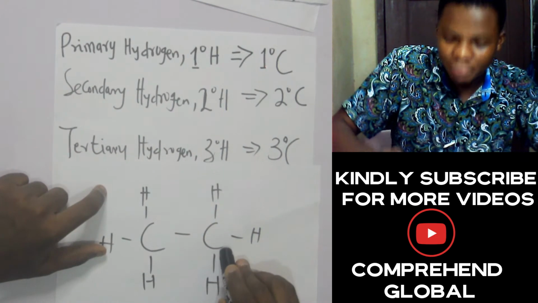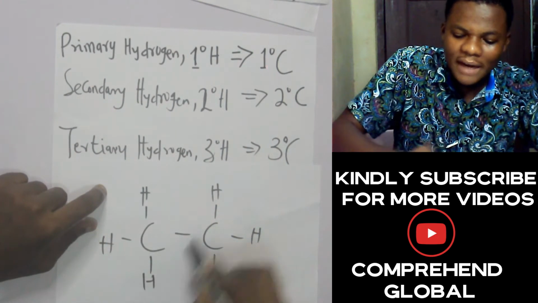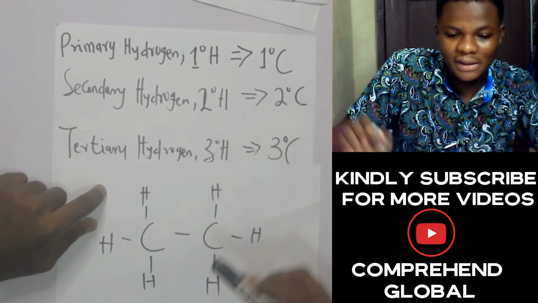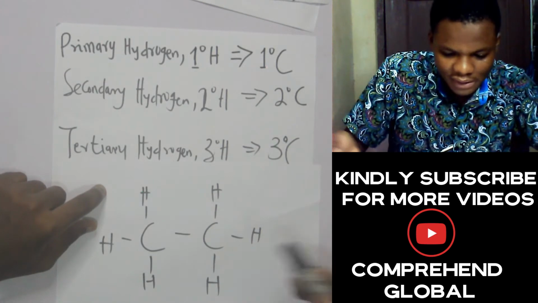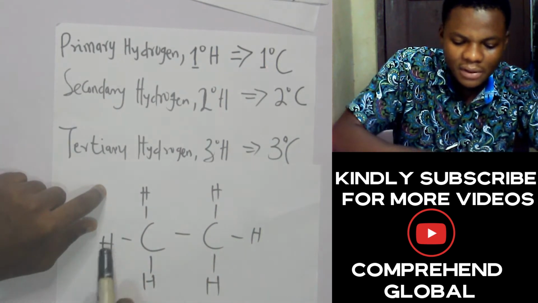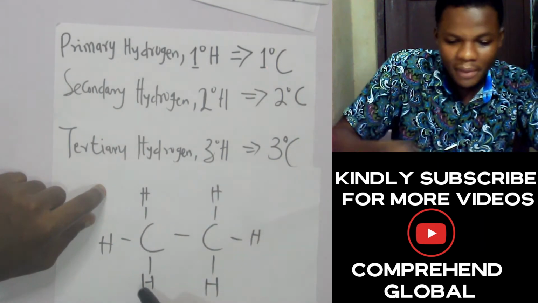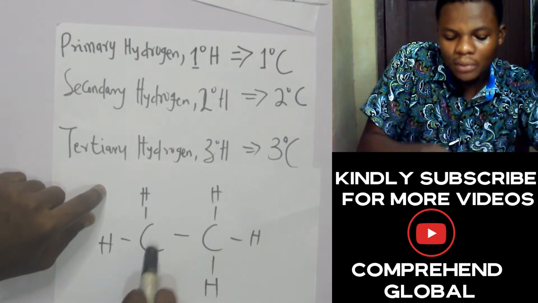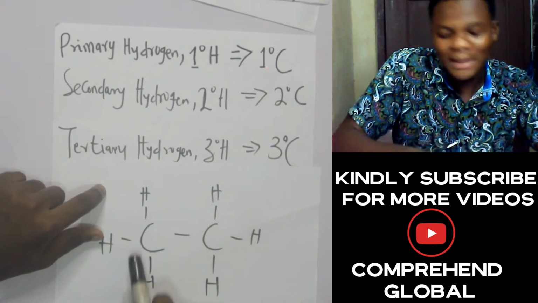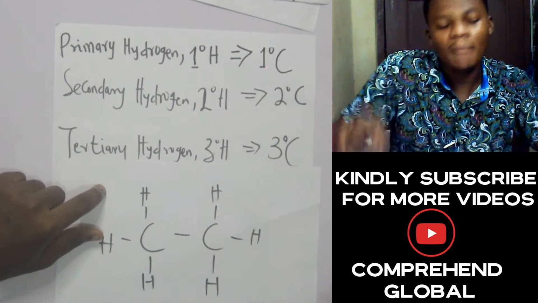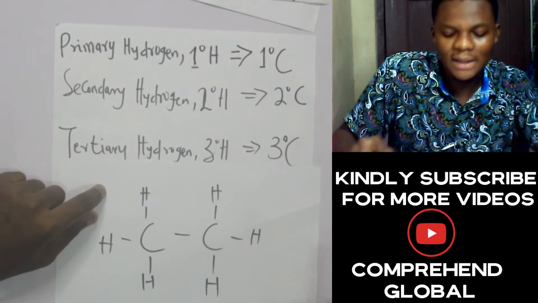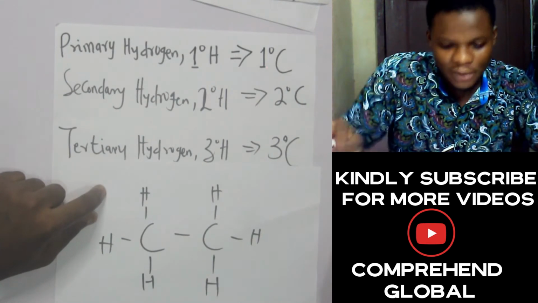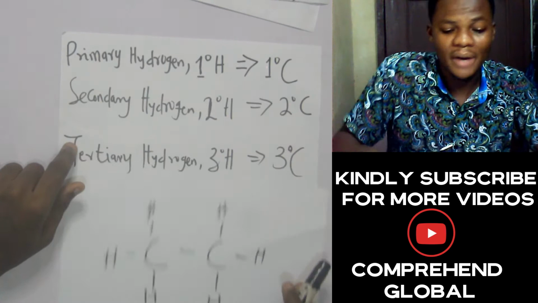This also becomes a primary carbon, and all these hydrogens are primary hydrogens, also terminal hydrogens. So this is a terminal hydrogen, which is the same as a primary hydrogen because it's connected to a primary carbon, and a primary carbon is one that is bonded with one carbon atom. So that is basically primary hydrogens.